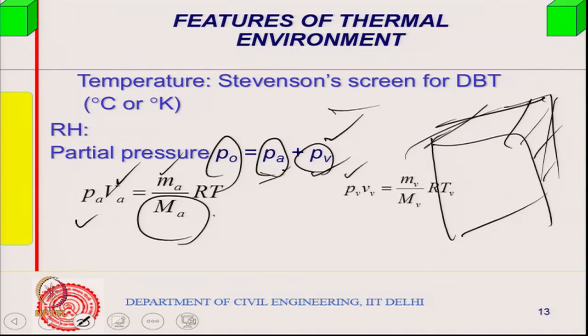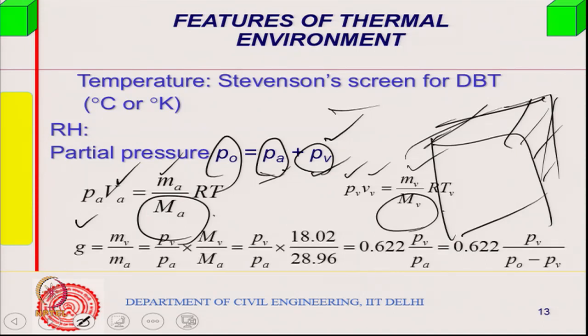Then similarly for the vapor, Pv Vv, the volume of the vapor, is equal to the mass of the vapor divided by the molecular weight of the vapor, into R into Tb. Now, Tb and T are the same because we are dealing with the same temperature. Then the moisture content we define as the mass of the moisture vapor divided by the mass of the air.